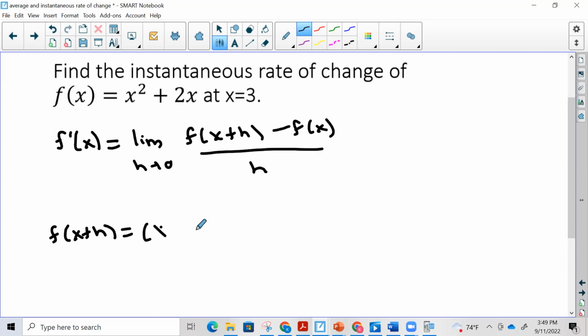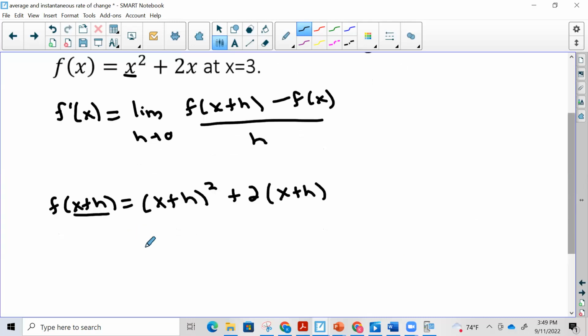So we do x plus h squared plus 2 times x plus h. So everywhere we see an x, we replace it with this quantity x plus h. So remember, when you're squaring something, you're multiplying it by itself. Okay, and then we can distribute this too.